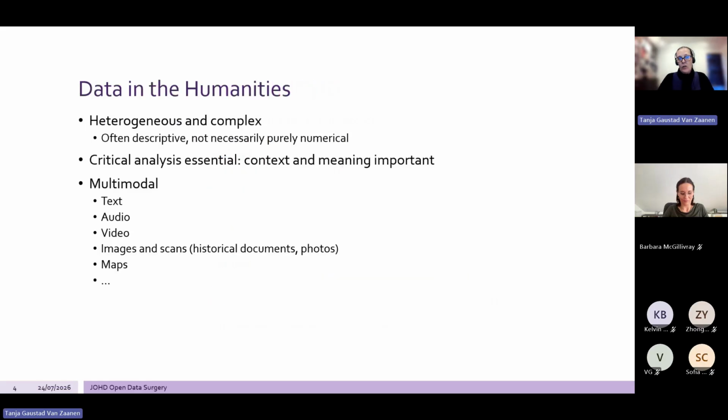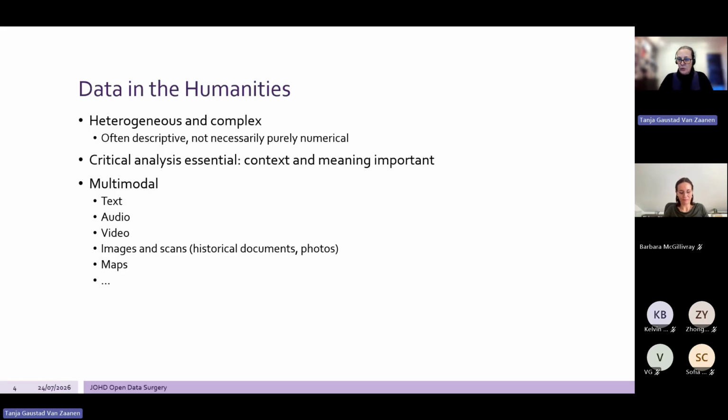Let me start. I think it's obvious if you take a step back, but a lot of people don't realize how complex and heterogeneous data in the humanities actually can be. And a big difference to what a lot of people think as well, quite often the data is more descriptive and not just numerical.